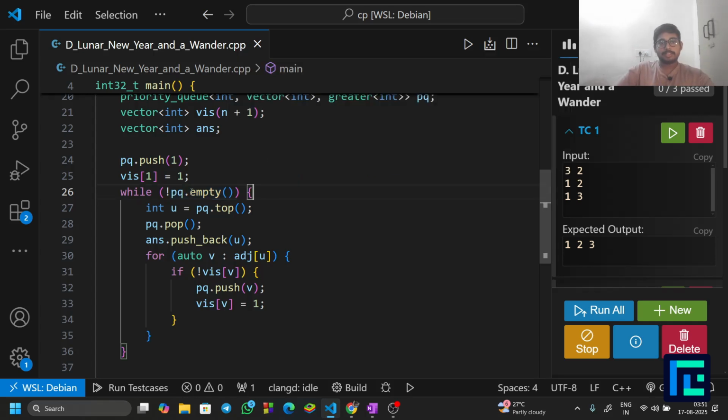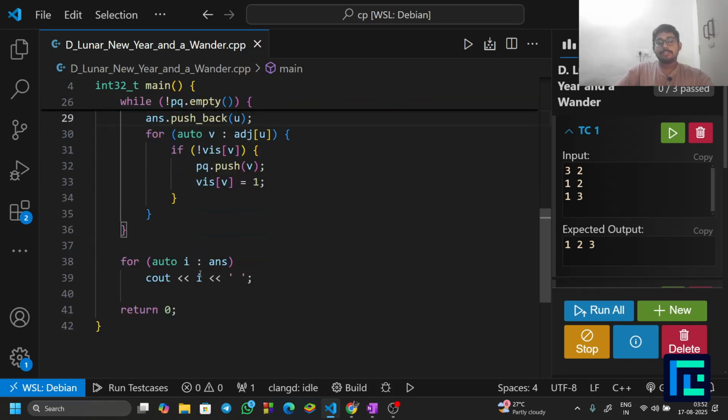So while the priority queue is not empty, take out the top of the priority queue and pop it, push that into your answer array, and then all those elements adjacent to the node u, if they are not visited, push them into your priority queue and mark them as visited. Once that is done, whatever sequence you obtained in your answer is your final sequence.